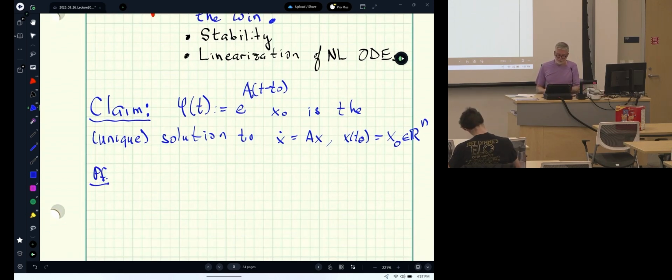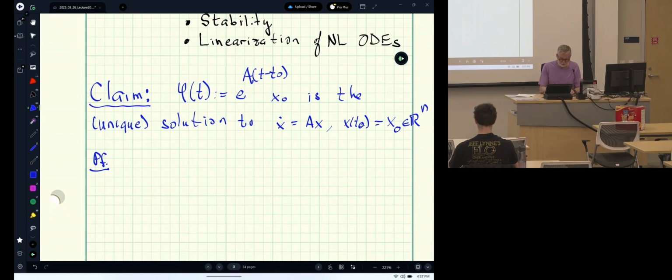We do the proof because we want to practice these properties of the matrix exponential and keep reminding ourselves what a solution to a differential equation is.